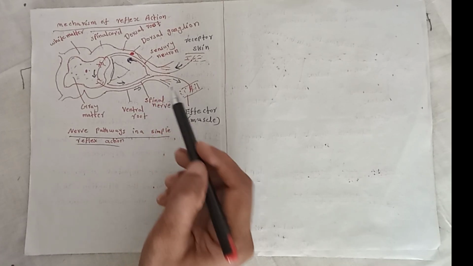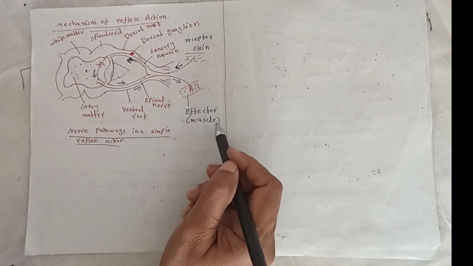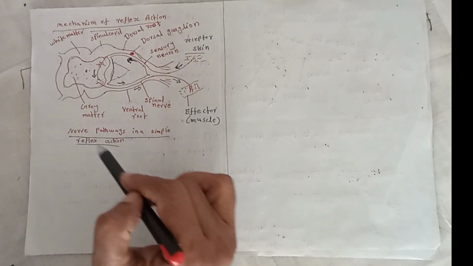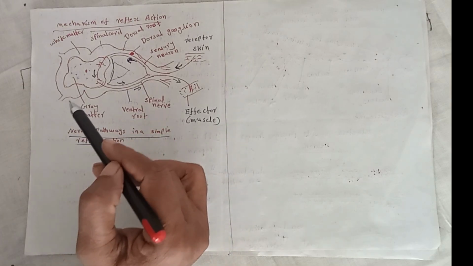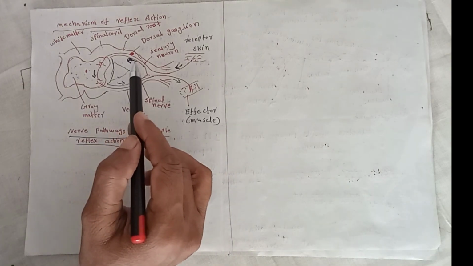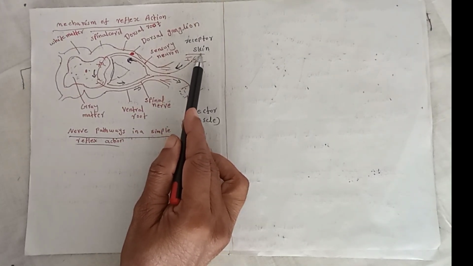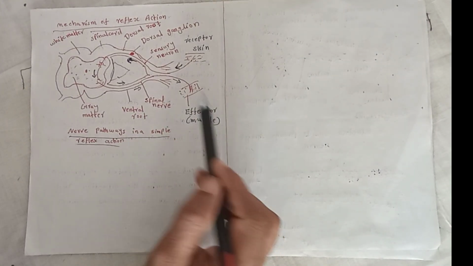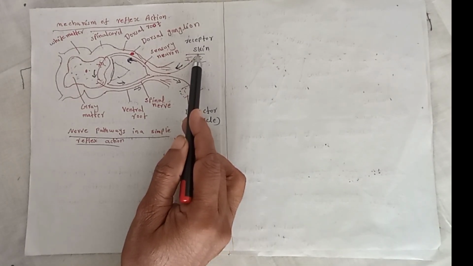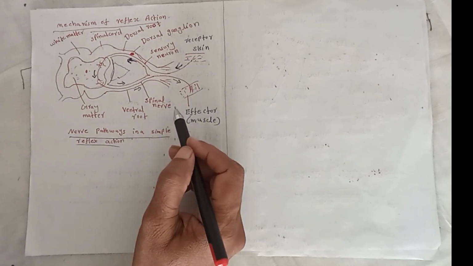This is the spinal nerve, and it ends in the effector, that is the muscle. The impulse starts from the receptor skin and ends in the muscle of our finger.